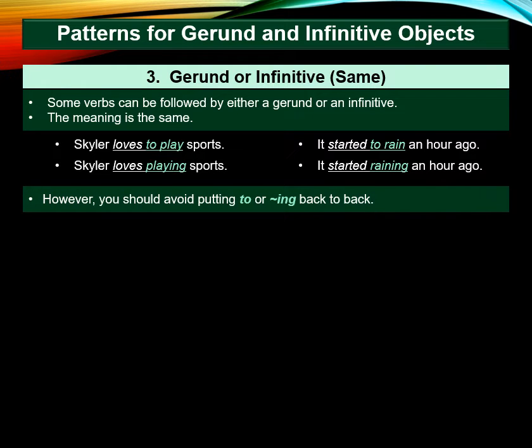However, you should avoid putting to and ing back to back. I should say you should avoid to back to back or ing back to back. For example, it is starting to rain is a much better choice than it is starting raining.